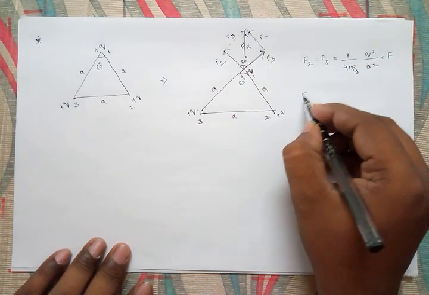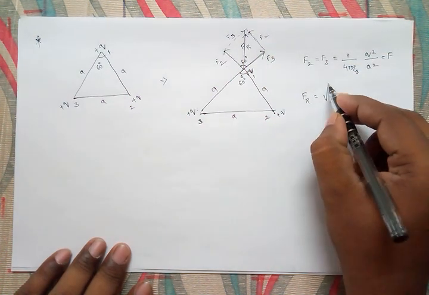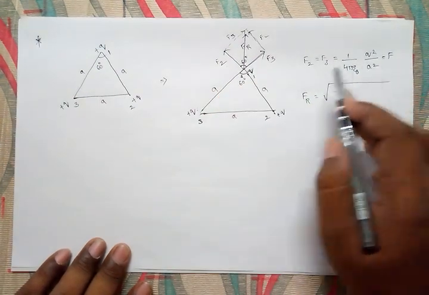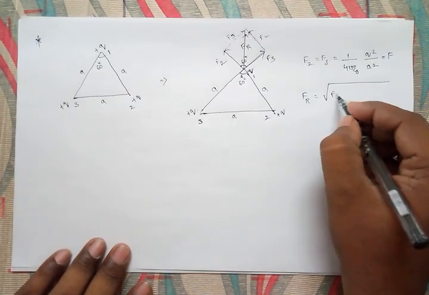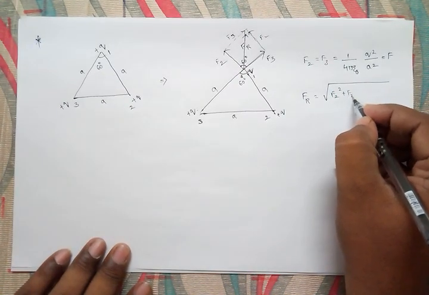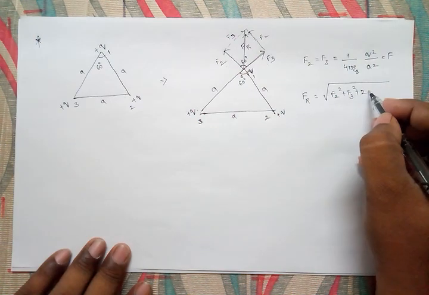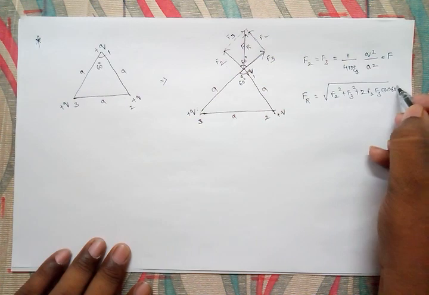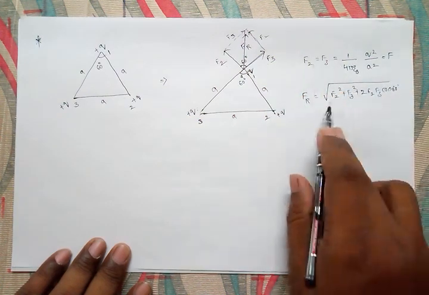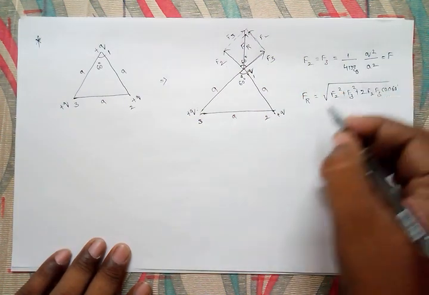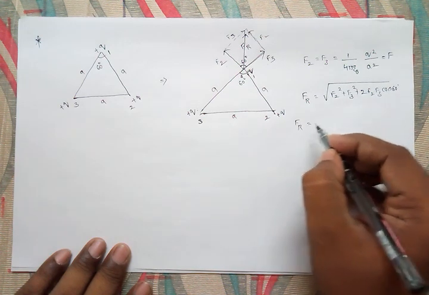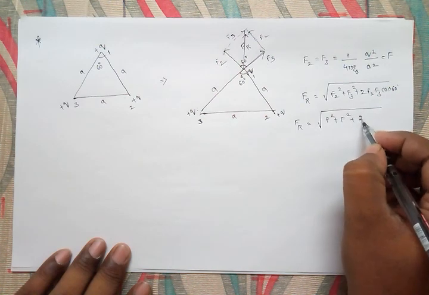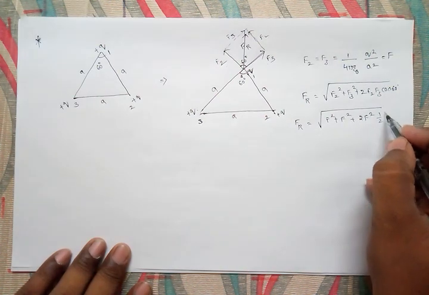So the resultant is the square root of F2 square plus F3 square plus 2 F2 F3 cos 60 degrees, using the parallelogram law of vectors, where the angle between the forces is 60 degrees and F2 and F3 are equal in magnitude, equal to F. Substituting, Fr equals root of F square plus F square plus 2 F square cos 60, and cos 60 is 1 by 2.